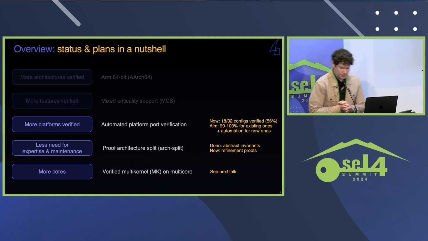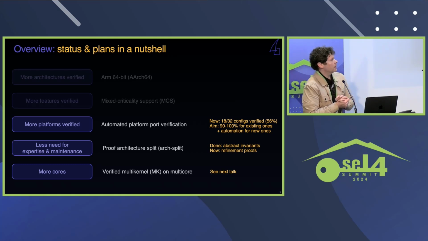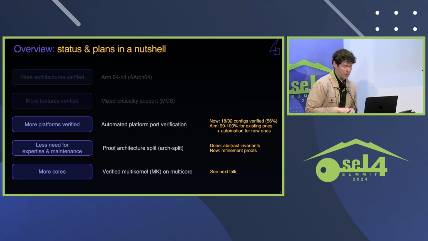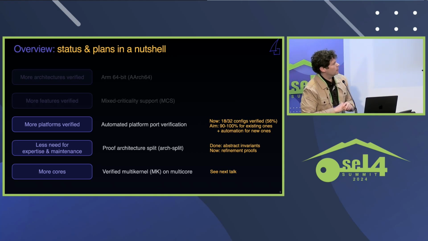If you go onto the seL4 website, you'll find a long list of 32 platforms on which seL4 is currently running. So we've got verification working for 18 of them at the moment, and we're looking to get between 90 and 100% of those platforms verified in this way.